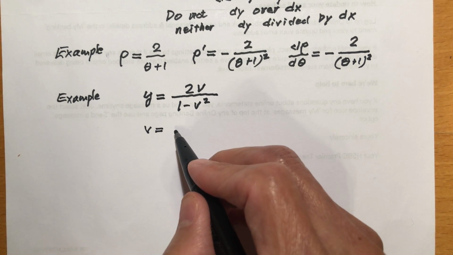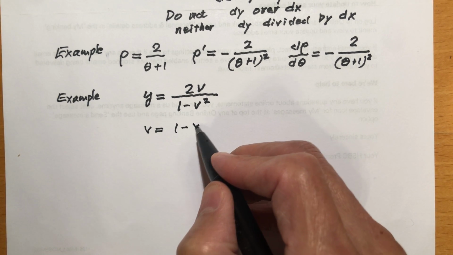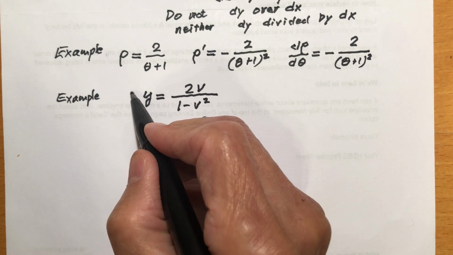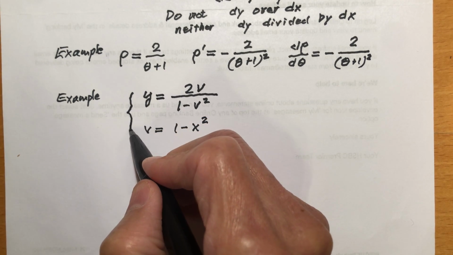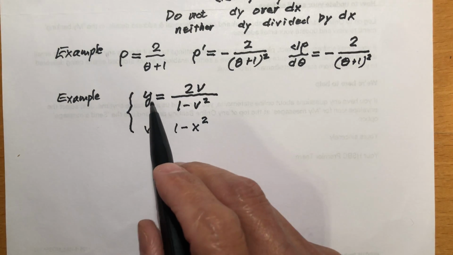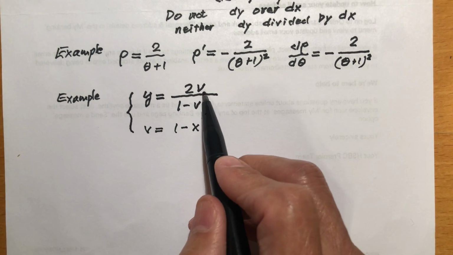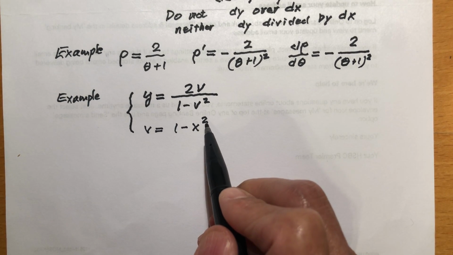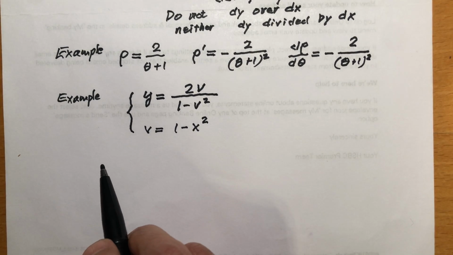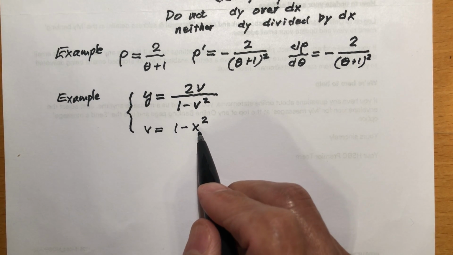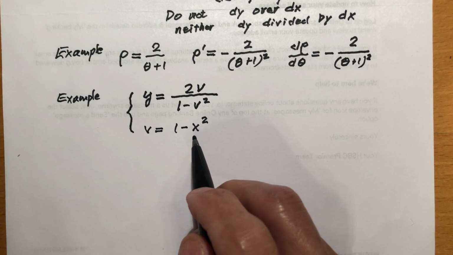V is 1 minus x squared. So there are two functions there. Look, y is a function of v, but v is a function of x. So y is a function of x. Do you get it?